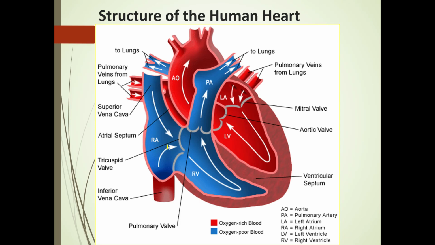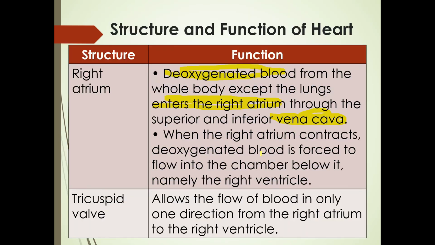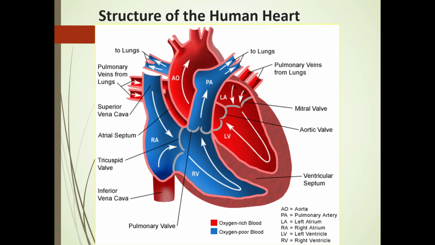Then when the right atrium contracts, deoxygenated blood is forced to flow into the chamber below, namely the right ventricle. Going back to the previous slide, here it will contract.